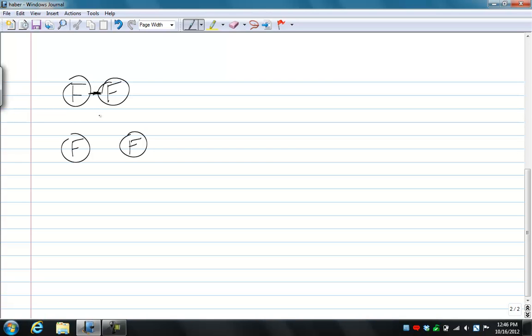In the next step of this problem, we need to take the fluorine that's covalently bonded together and break it apart into fluorine atoms. And so each of the fluorine molecules that are connected needs to be broken apart into its 2 atoms. Fluorine is a diatomic molecule.